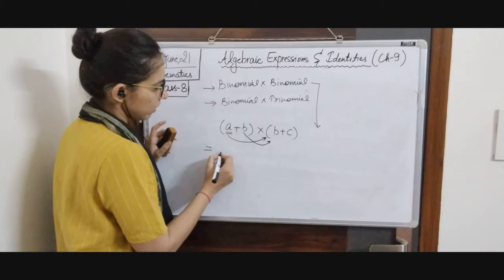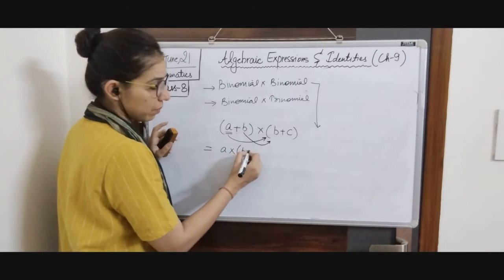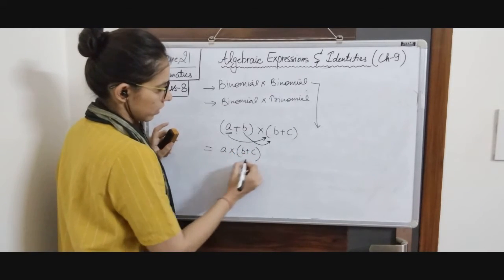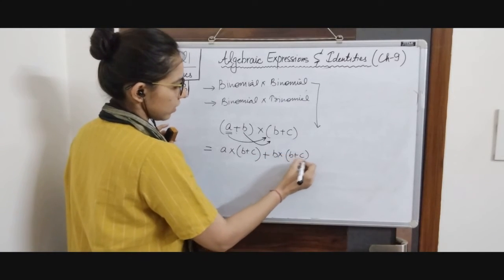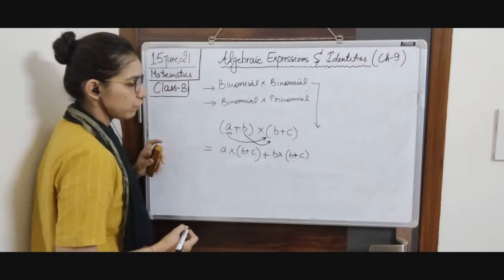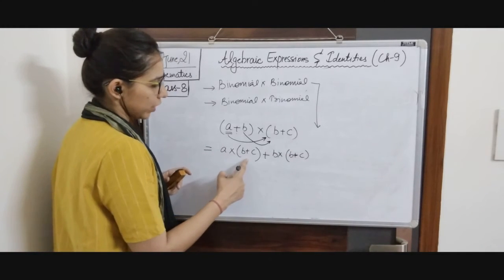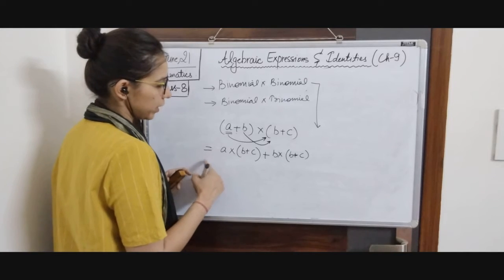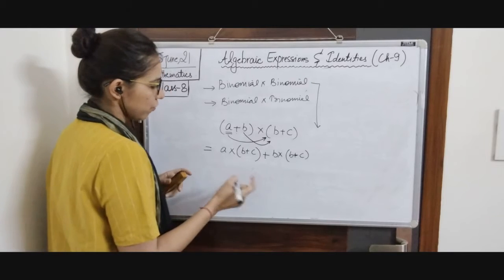What do we mean by that? The first step is going to be a into (b plus c), then plus b into (b plus c). By this step we converted it into multiplication of a monomial with a binomial, and then addition of that.